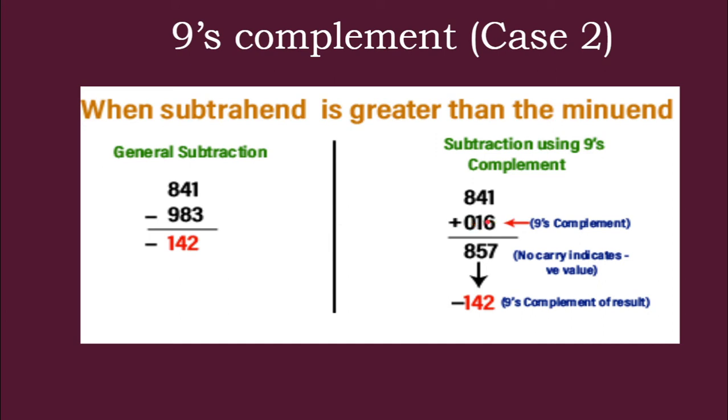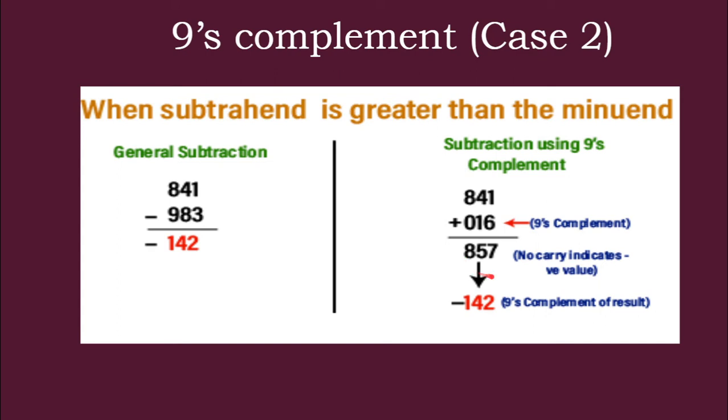So 016 is the nines complement of 983. Now we have to add, as when a number is complemented it becomes positive. 1 plus 6 is 7, 4 plus 1 is 5, and 8 plus 0 is 8.